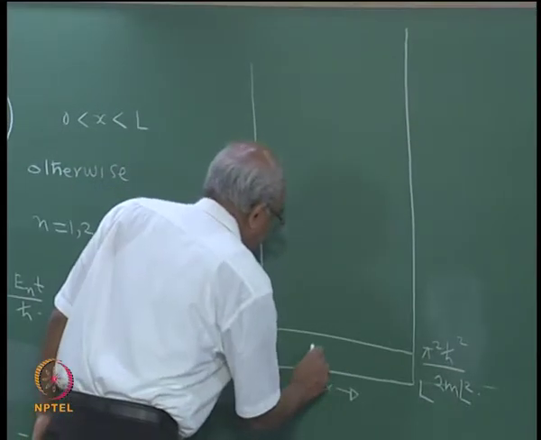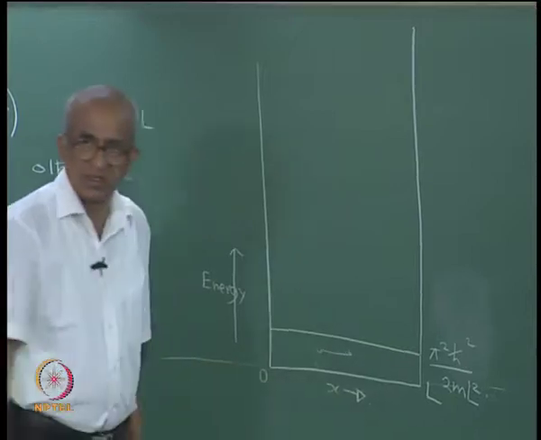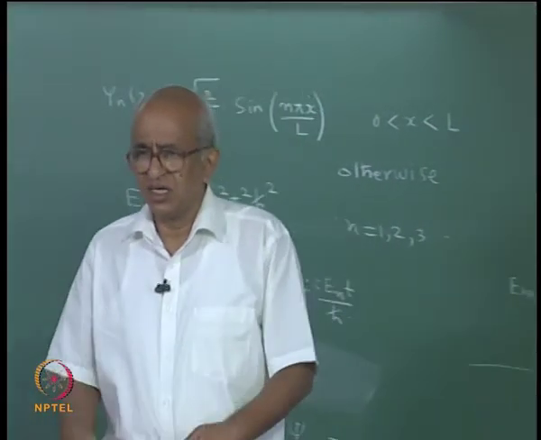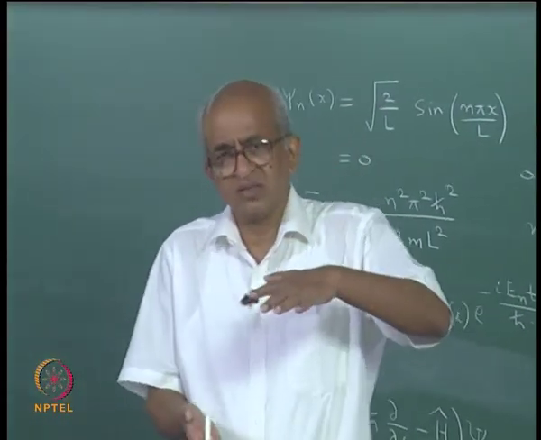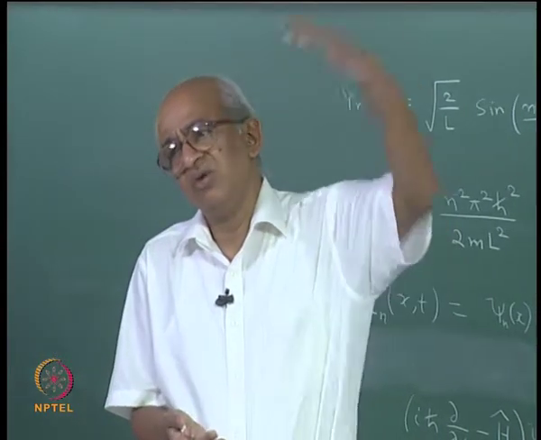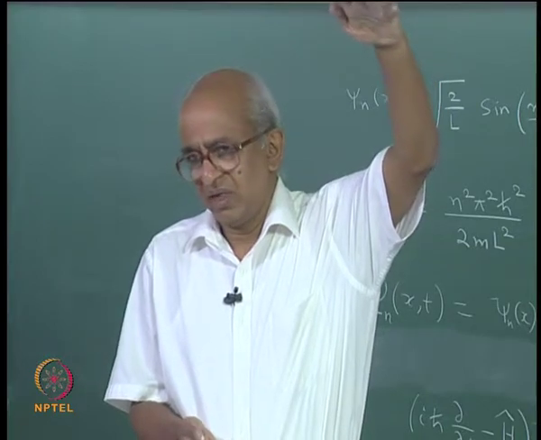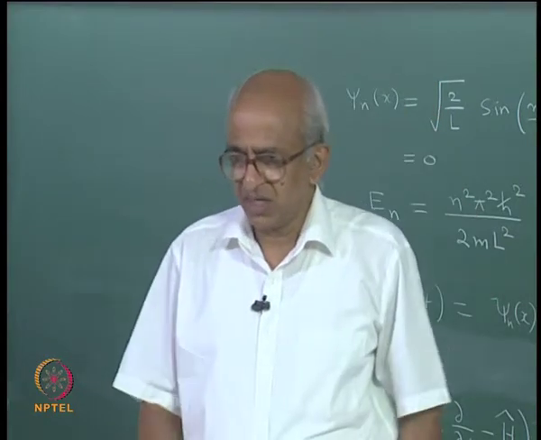So suppose it is moving, it is going in this direction, then it will hit the wall and be reflected, and I can give it any energy I like. So therefore classically speaking, the particle can have any energy starting from 0 to any large value, right. But that is not possible in quantum mechanics.